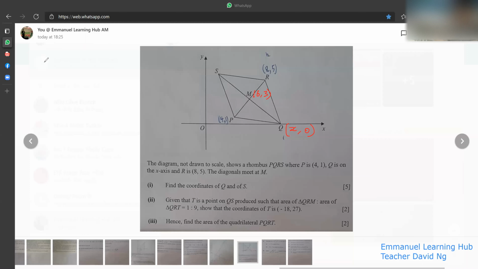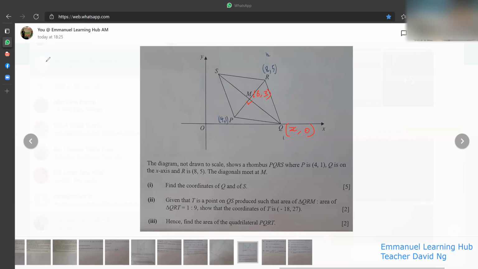Let's find the gradient of PR. Because it is a rhombus, the diagonals are perpendicular to each other. If it's not a rhombus, they are not perpendicular to each other.